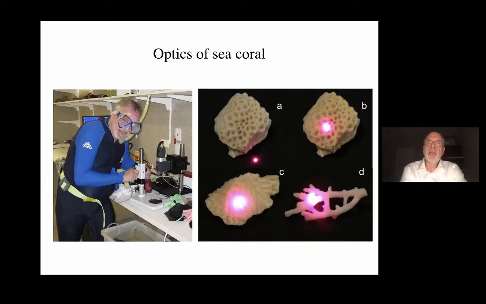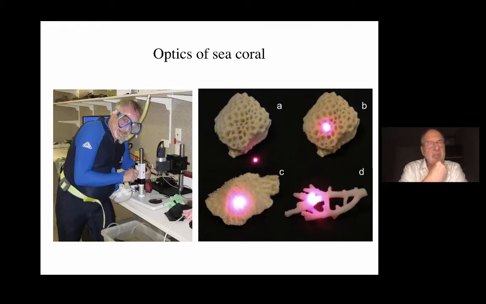This is a picture of me on the Great Barrier Reef in Australia, where I was studying the light transport in sea coral. Notice how the light spreads by diffusion in the skeleton of the sea coral.